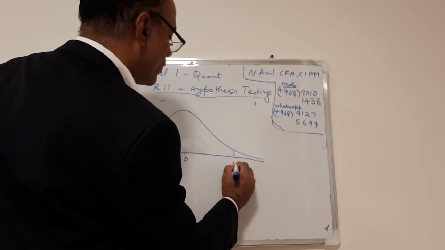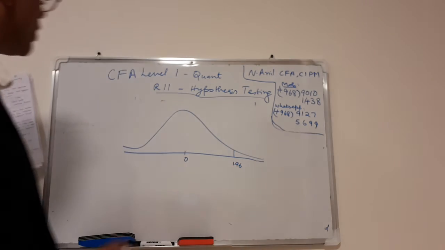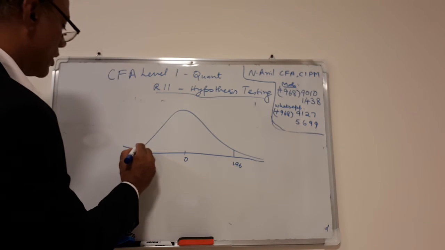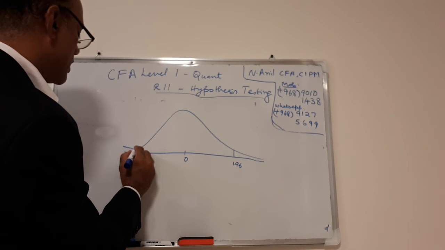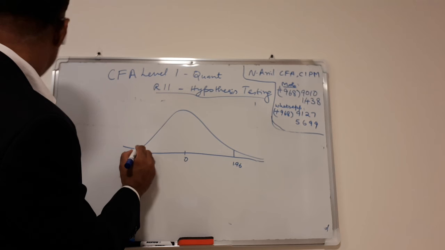This looks like a standard normal curve, so the mean is 0 and the variance is 1.